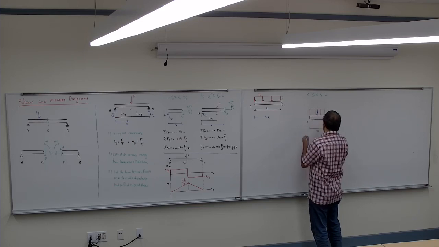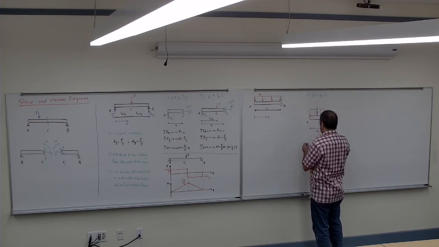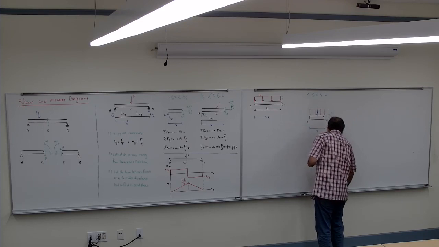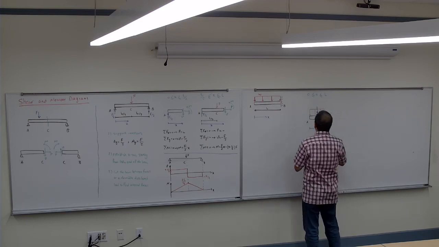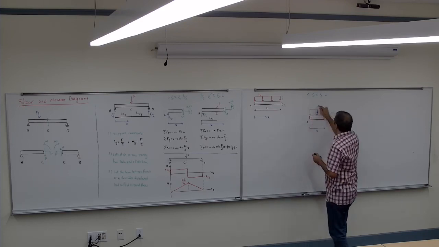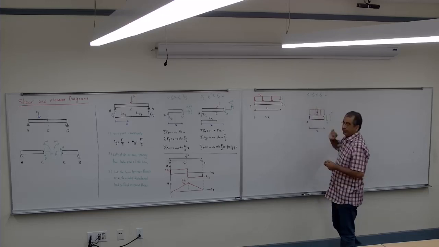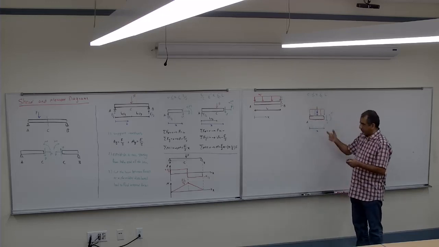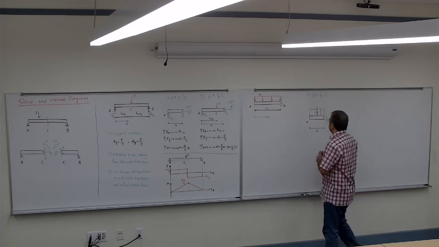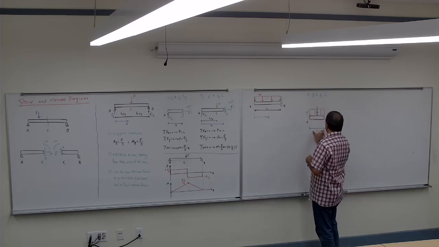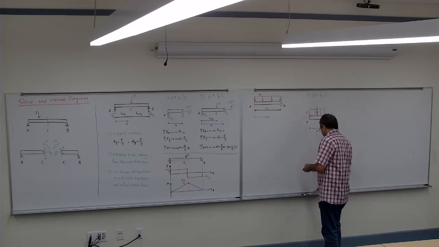So I know that if this is the X, this distance is going to be half of X and half of X. And the value is the area under the load. So the area under the load is, this is W, the height is W, the length is X, correct?